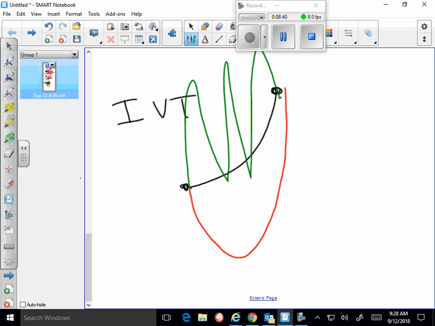It doesn't matter what my continuous function between these points looks like. As long as the function is continuous, I know that I have to pass through all the y values from this y value to this y value. Look, all the y values get covered, all of them, regardless of which colored continuous function I'm talking about.